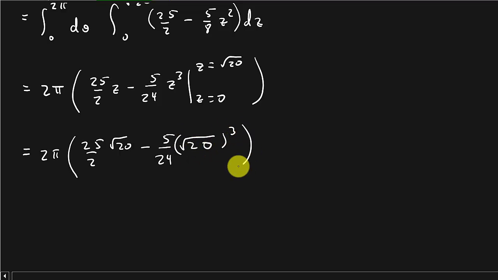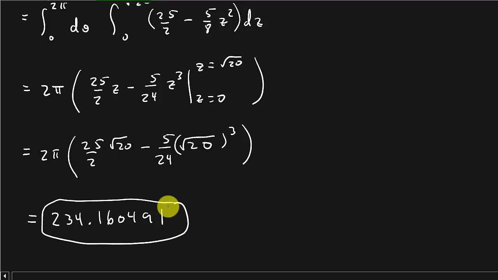All right, and then you punch that into your calculator, you're going to get 234.160491, and that would be your answer. All right, so not really that bad of a problem. Cylindrical coordinates made it a little easier for us to integrate.